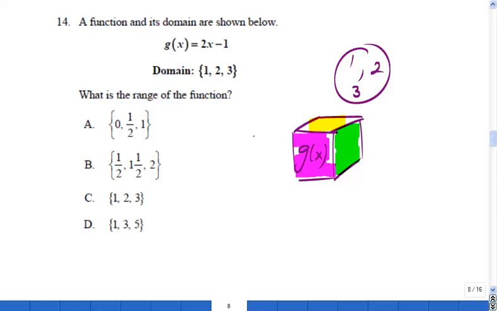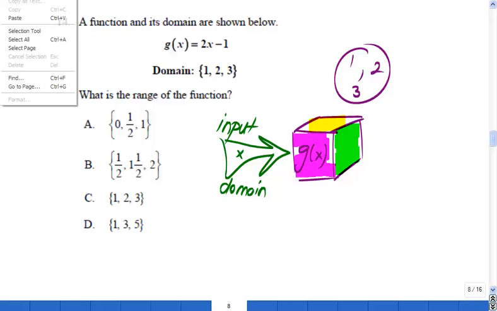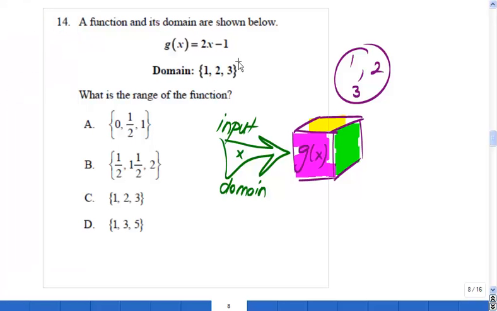So if I have something that I'm putting inside, that will be my input, right? And usually it's your x, and that's what makes your domain. So domain is what goes into your box, and in this case, what you guys notice?